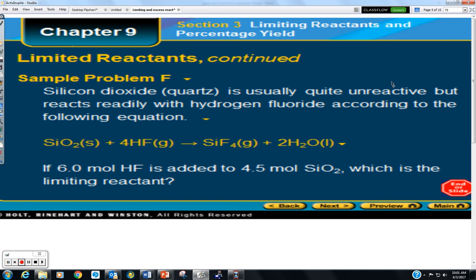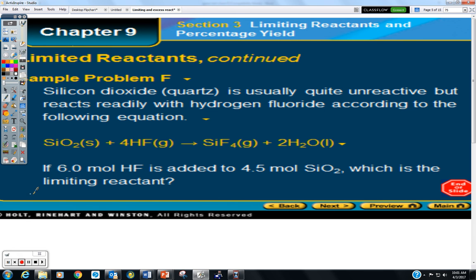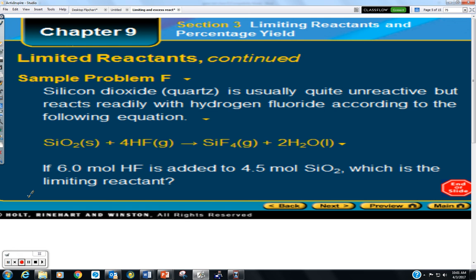All right. So looking at this prompt right here, if 6 moles of hydrogen fluoride are added to 4.5 moles of silicon dioxide, which is the limiting reactant? How is this prompt different from the ones that we've previously seen?